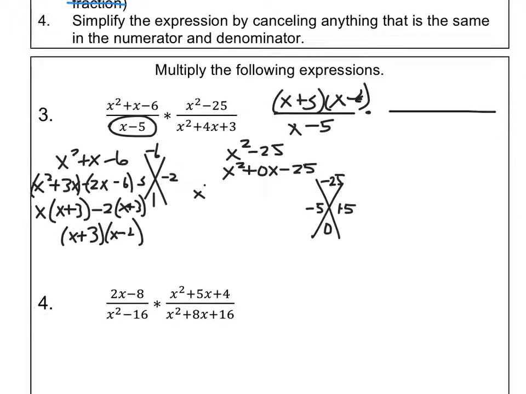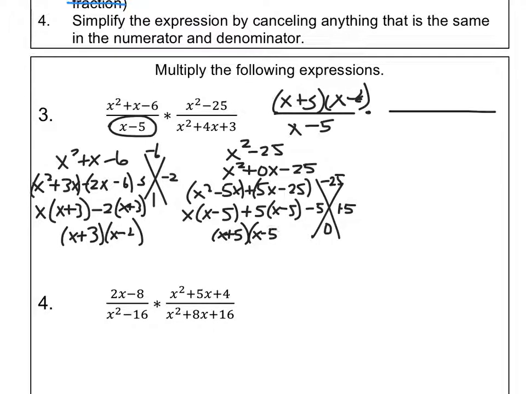So again, I bring down x squared minus 5x plus 5x and minus 25. Group them. And again, I know I'm going through this grouping part pretty fast, but we should be used to this by now in terms of how we're factoring. Take out an x, I'm left with an x minus 5. Take out a 5, left with an x minus 5. So I have an x plus 5 and an x minus 5. That's going to go on the top.